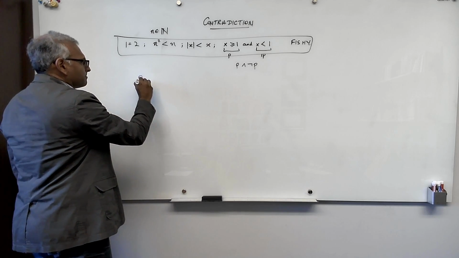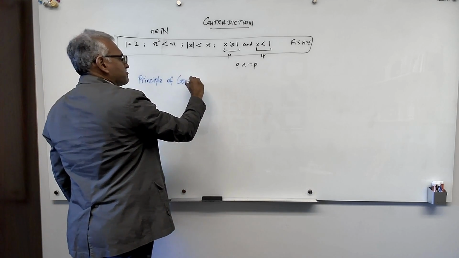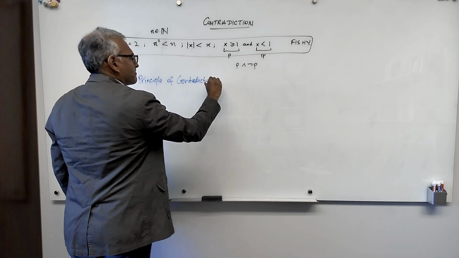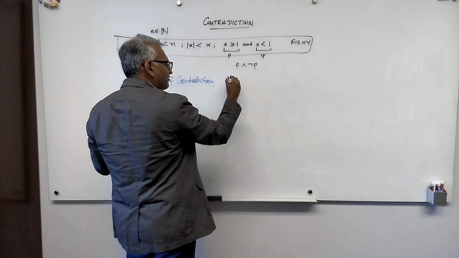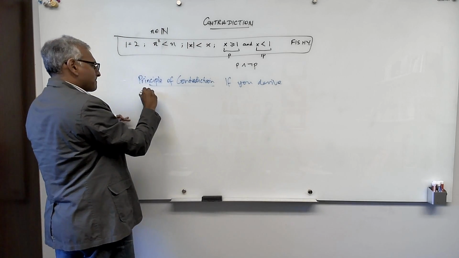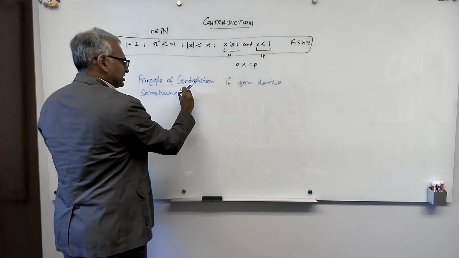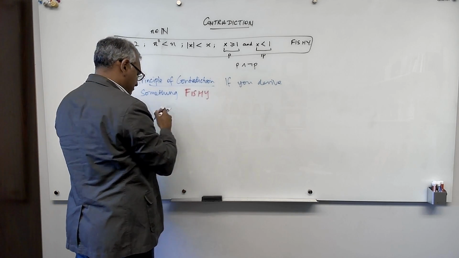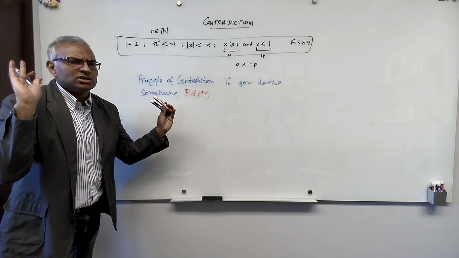The principle of contradiction. If you derive something fishy, and I'm going to put it in red, fishy, then you can immediately conclude there's something wrong in your derivation.